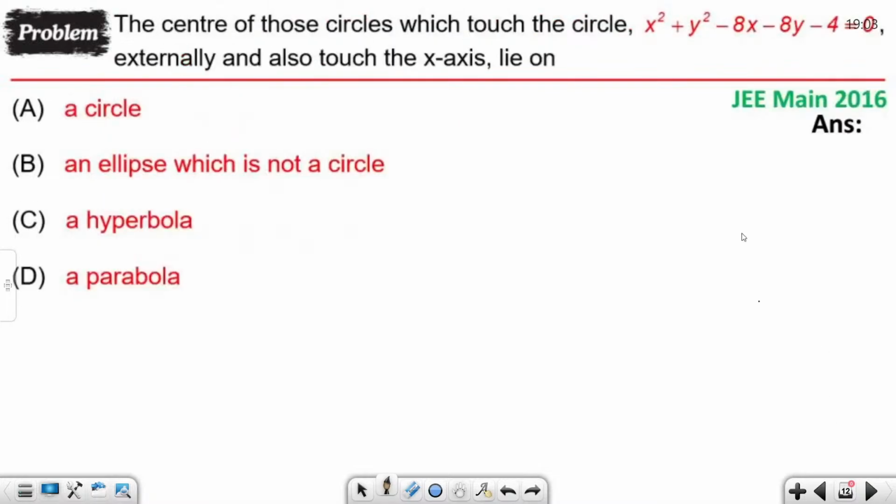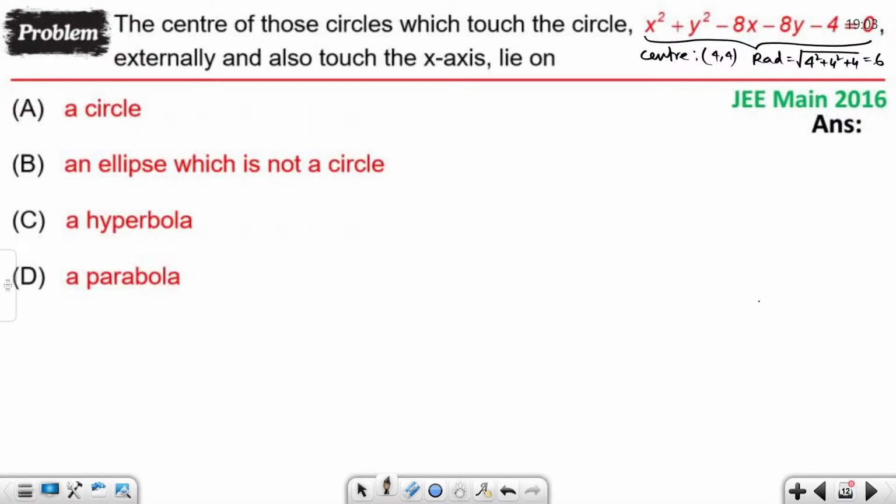This question came in JEE Main 2016. They have said the center of those circles which touch this given circle. This is the given circle. So the center of this circle is at 4, 4 and the radius is root over 4 square plus 4 square plus 4. So that gives us 36, that is 6.